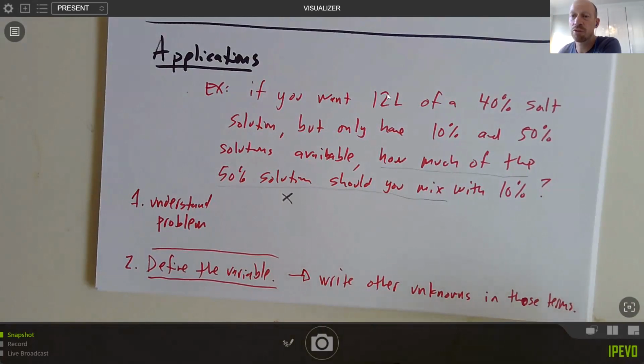We'd like to write those using X. I don't really want to introduce another variable unless I have to. What else don't I know in this problem that I'm looking for? Anybody see something else that I would like to know to finish this problem?